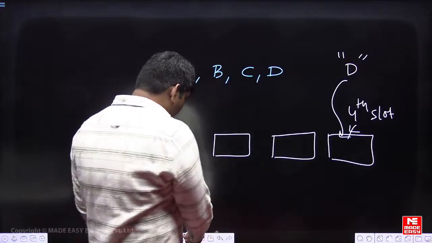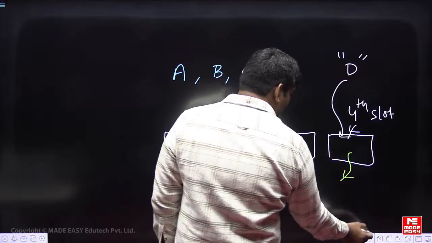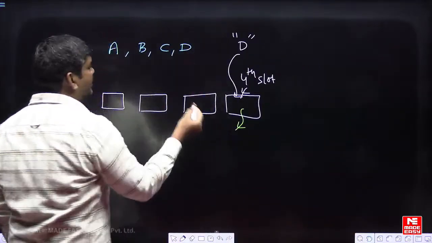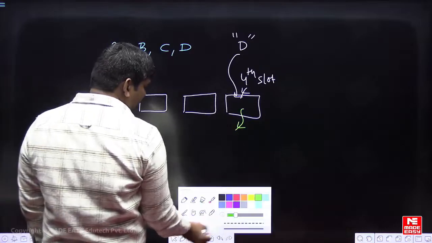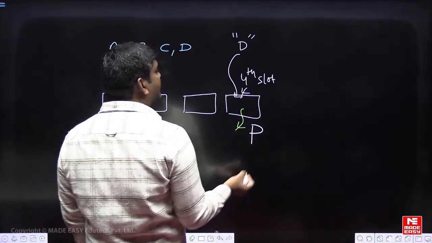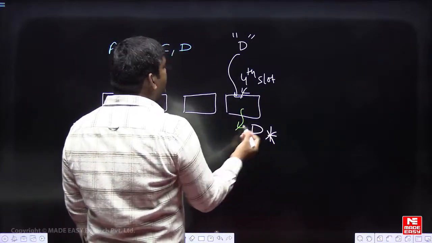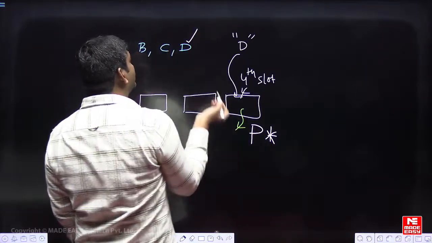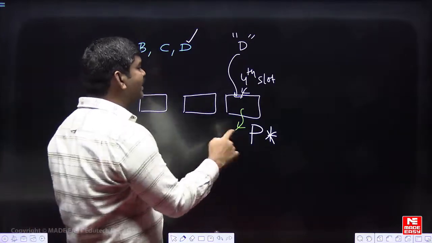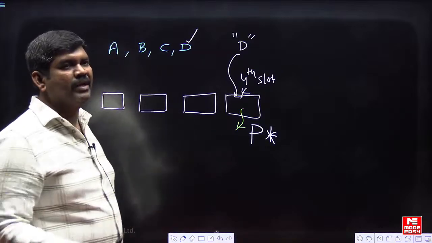First of all, tell me what is the success of station D in slot 4. We can say the probability of success is P for station D. Into, why into? Because when D is trying to transmit, then A, B, C should not send, only then it is a success for station D, because there won't be any collision.